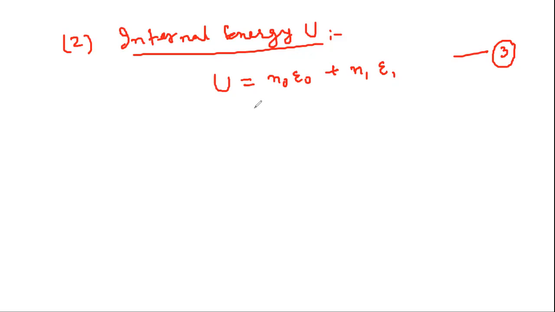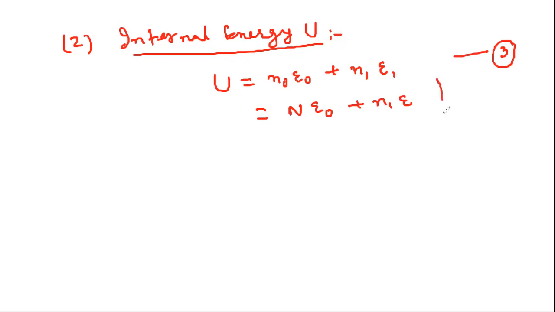which can be adjusted or rewritten as, I can write it as N epsilon naught plus N1 epsilon.